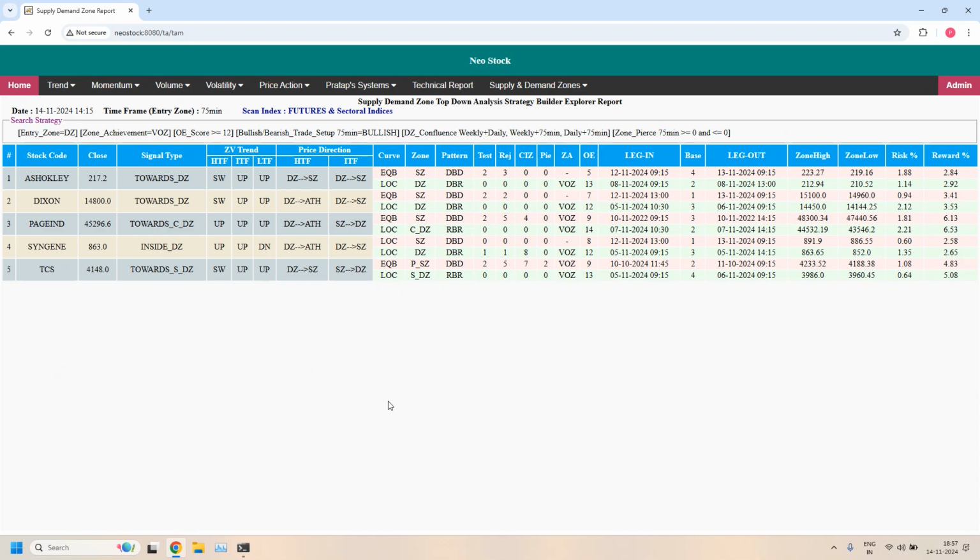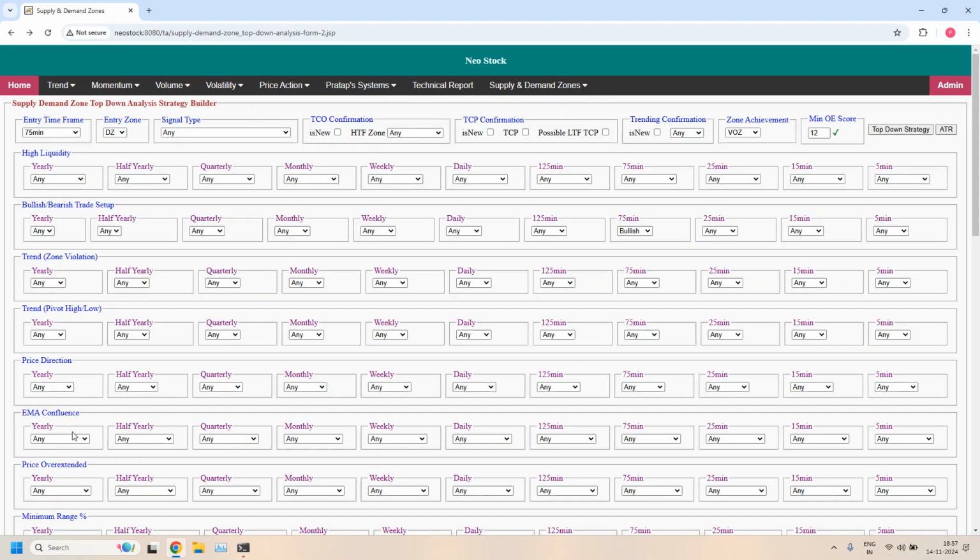In all these 5 stocks, the 75 minutes entry zone is part of the daily zone, and both together are again part of the weekly zone. And in the weekly time frame, 2 stocks are having uptrend. So out of these, if any are having EMA Confluence, they could be even more high probability setups. Let's verify. In the EMA Confluence, weekly time frame, weekly demand zone is having weekly EMA Confluence.